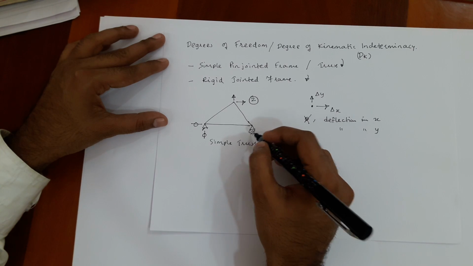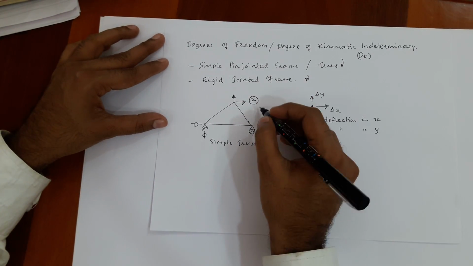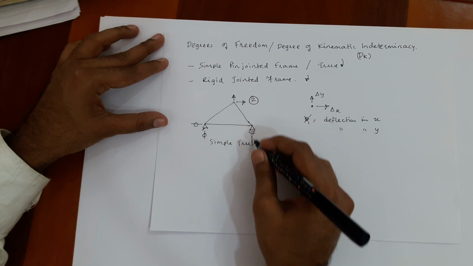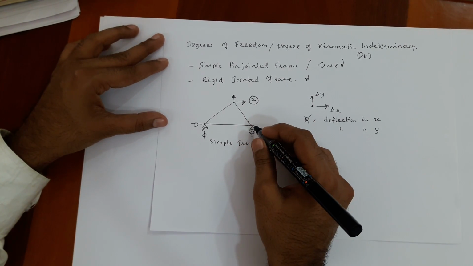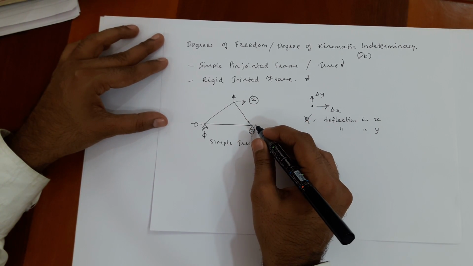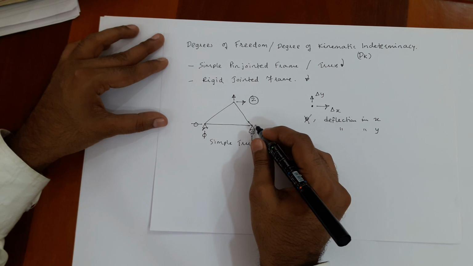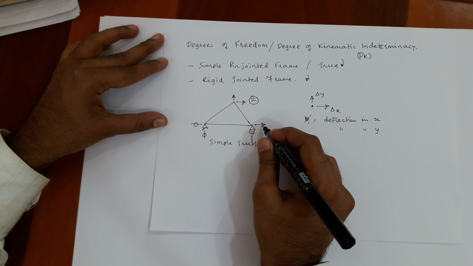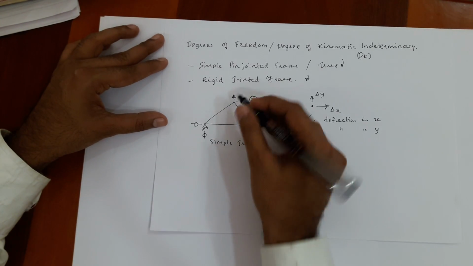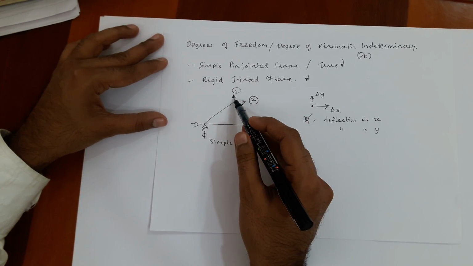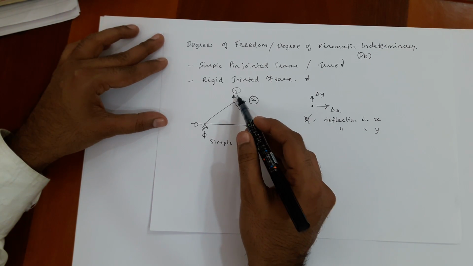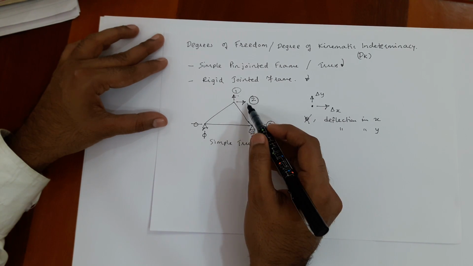Here we have a roller support. In a roller support the reaction is perpendicular to the support. So here we have a reaction in the vertical direction, so there is no vertical deflection, but this has no horizontal reaction. There is no horizontal reaction, which means it will have horizontal deflection. Once again, here we don't have any reaction in the vertical or horizontal direction, so that is why we are getting two displacement components.